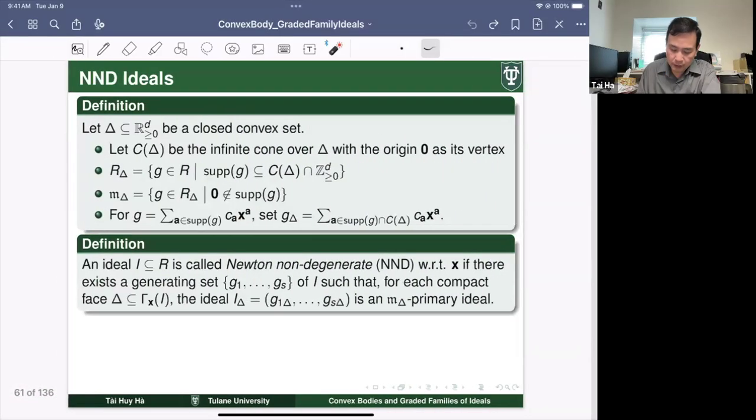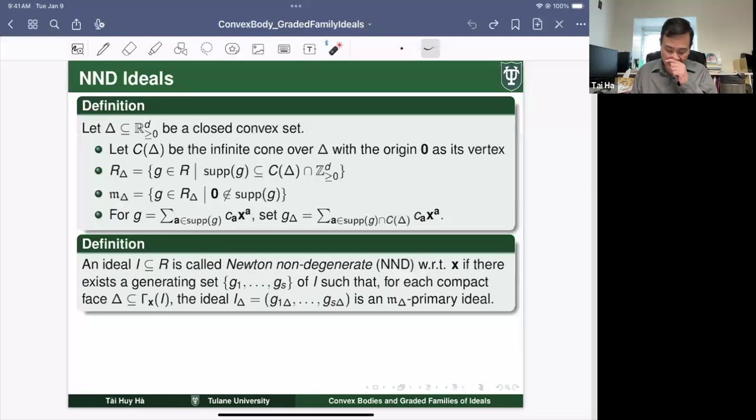Okay, so an ideal is called Newton non-degenerate, or NND, with respect to a given regular system of parameters x, if there exists a generating set g1 up to gs, so that when we look at any compact face of its Newton polyhedron and look at the restriction of these generators on that compact face, it generates an ideal that is primary to the maximal ideal of this restricted local ring.